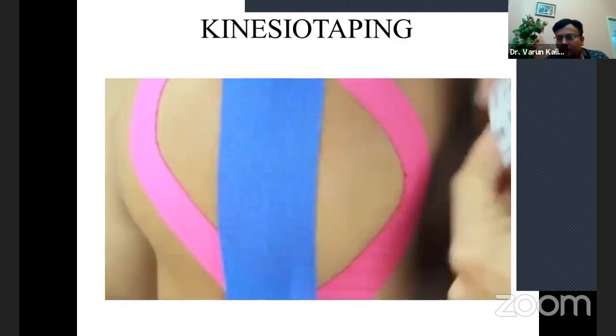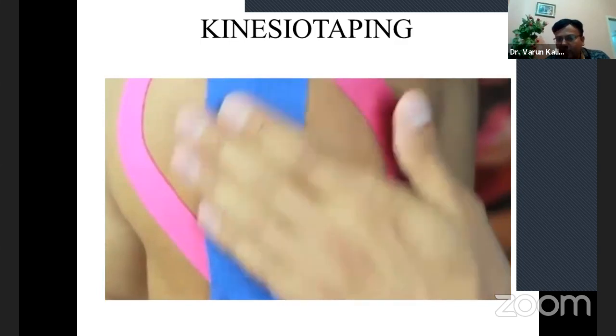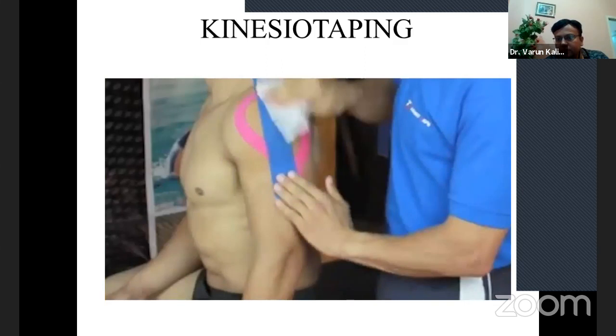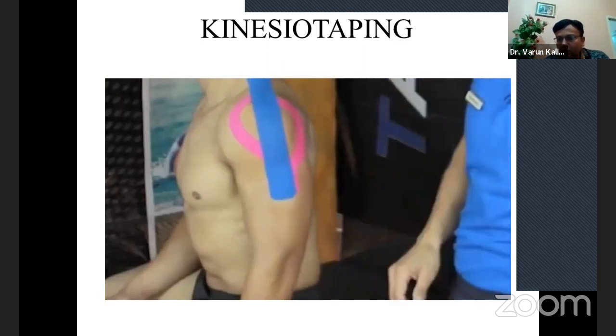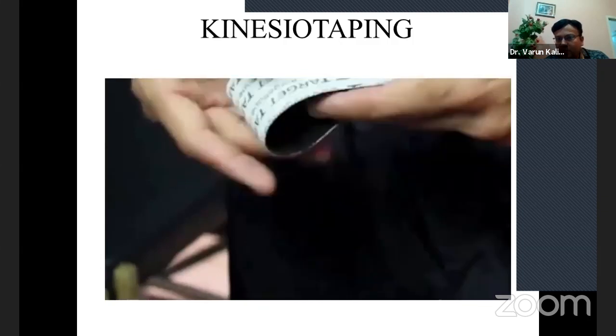Next, the third piece of kinesio tape we will take, and then we will tear the third piece of kinesio tape from the middle.